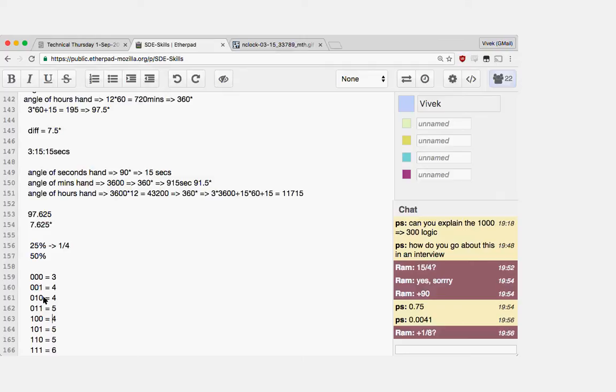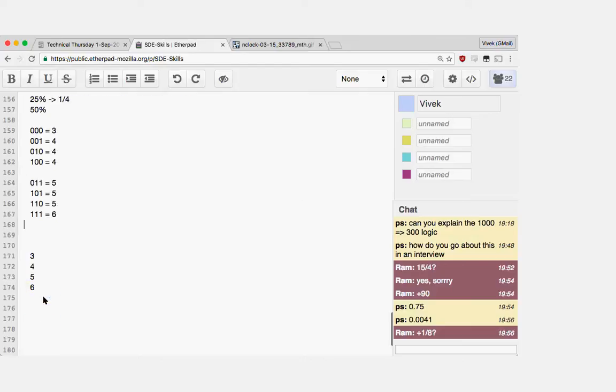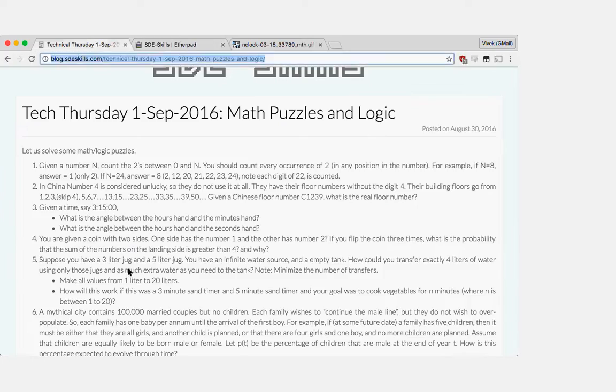So half the time it's 3 or 4, and half the time it's 5 or 6. So that's why it's 4 by 8, which is 1/2, sorry, 50%. 4 by 8 is half. That's correct. So it's a pretty simple enumeration question.